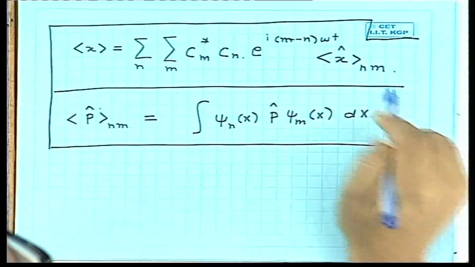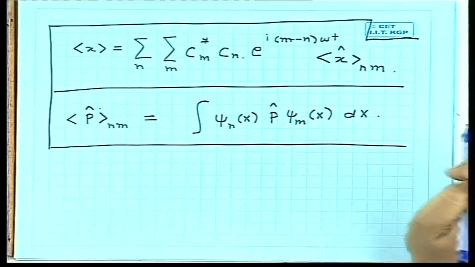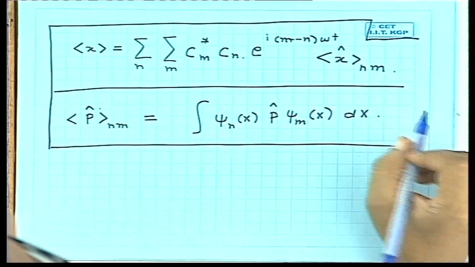I will not deal with the matrix representations of operators anymore right now, but we shall come back to it later, and I shall leave evaluating these matrix elements, corresponding to say the operator x or the operator p, to exercises. You will be asked to evaluate these quantities. So for today I will stop here.